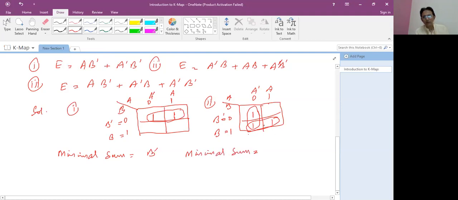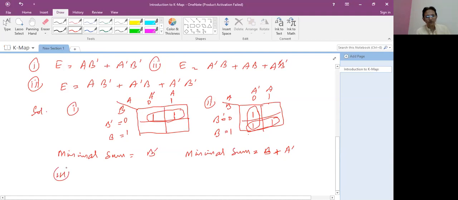When we consider this loop, B is similar, so the answer is B, plus sign, and the other loop has a different variable but A complement. So this is our minimal sum, student.